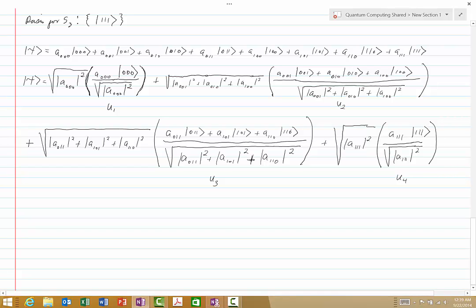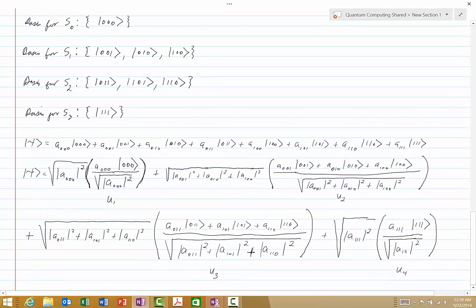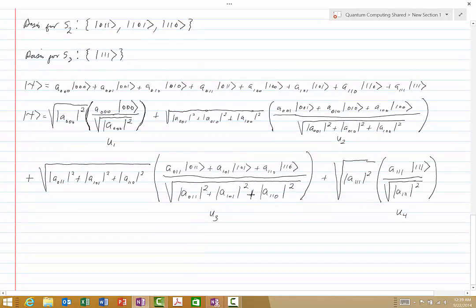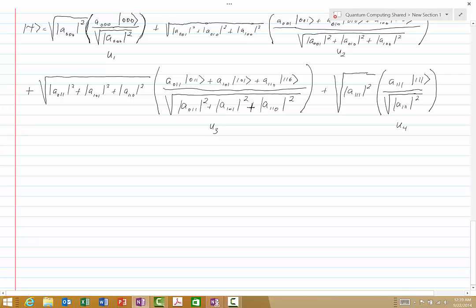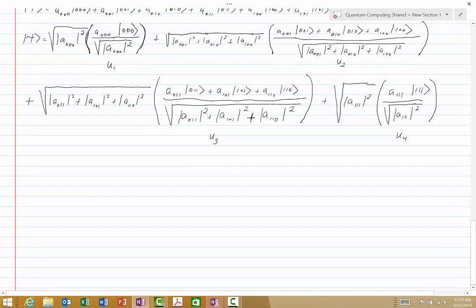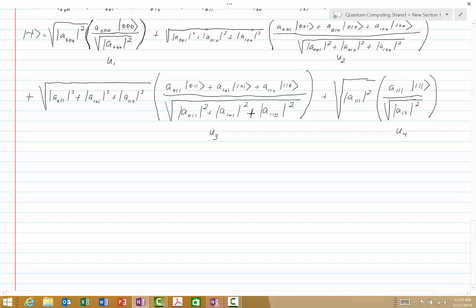Remember, here's S0, S1, S2, and S3. Here is the S0 part. Here is the S1 part. Here is the S2 part. And finally, here is the S3 part.